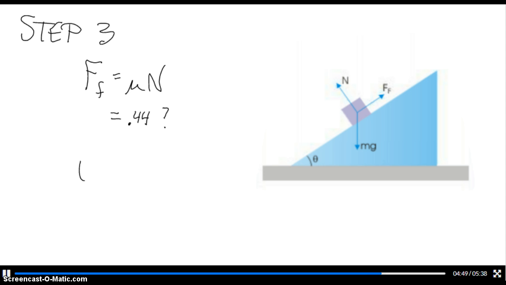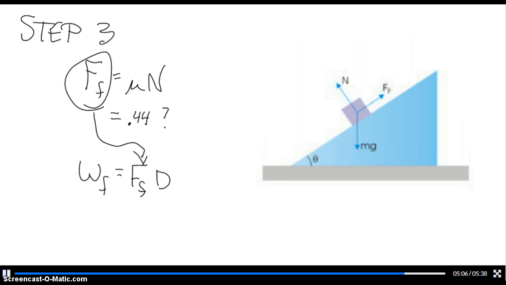The work done by friction would be the force of friction times that displacement. So once you know the force of friction, you can use it right here. You know the displacement up the incline, and if we're lucky at all, this force of friction, this extra work that's right here, will match up with our graphs and make up the difference between the potential energy and the work on those two incline graphs.